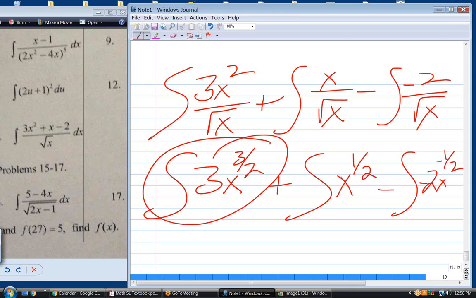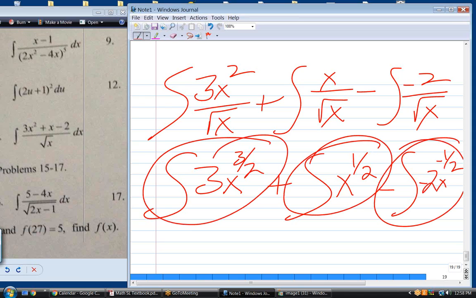Each one of these we can do using the power rule, or the reverse power rule. So this is not a U substitution problem. It's merely turning it into 3 integrals instead of 1. And of course the dx goes with each one. Sometimes I forget to write it, but okay.